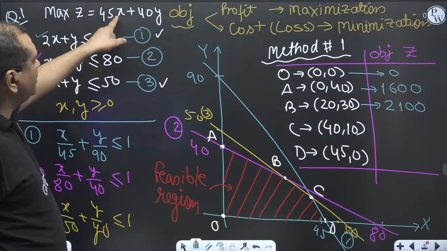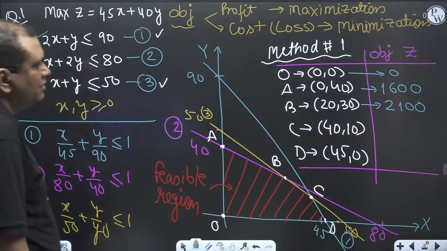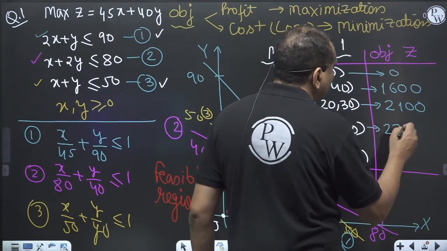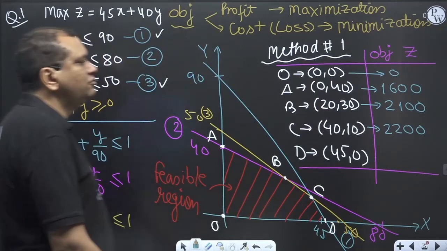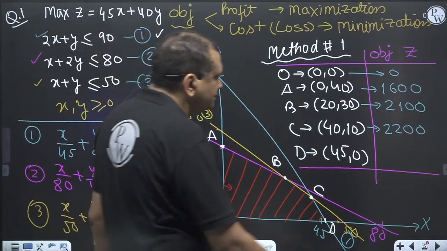X is equal to 40, Y is equal to 10. And this is 2200. Next is (45, 0), and the value is 2025.